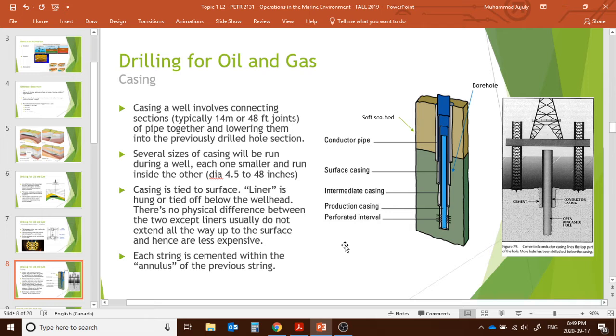A liner is hung below the wellhead. There is no physical difference between the liner and the casing, except the liner does not extend all the way up to the surface. Let me explain how the casing actually works.